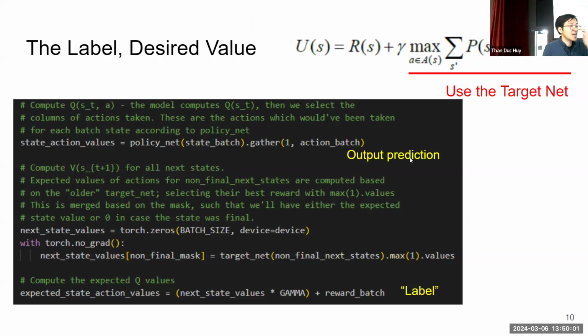Then after we get an output prediction, we will start having a label. This label will follow that gamma plus reward formulation up here, and this is using the target net. Up here, we're using the policy net. So you can see there are two networks being used.